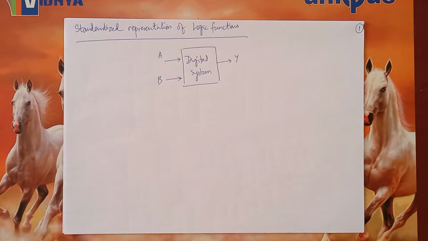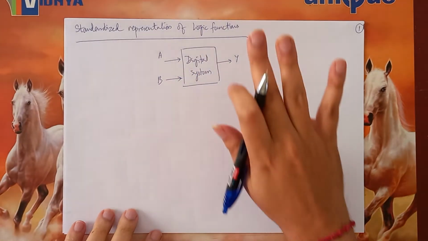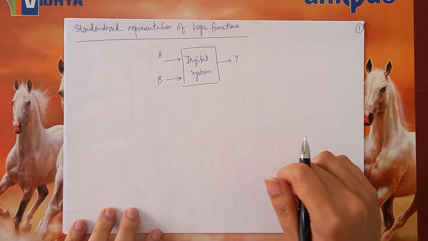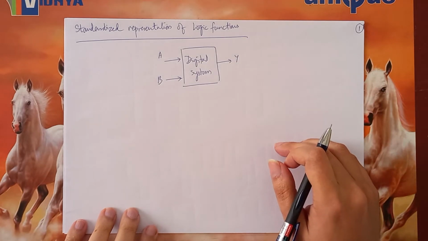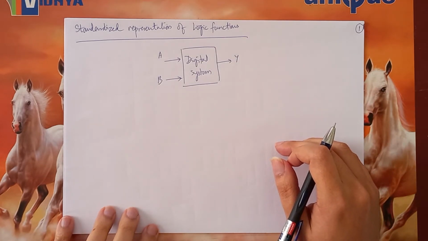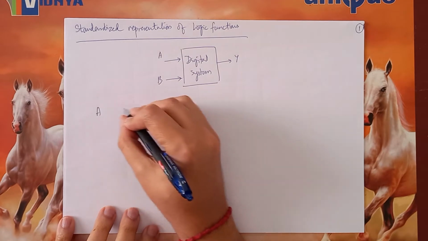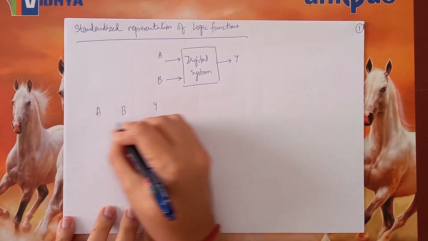Let us say that we can express this system functionality by means of a truth table. So let's say the truth table looks like this.